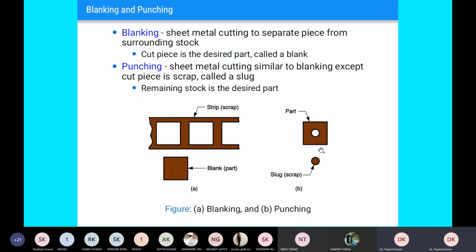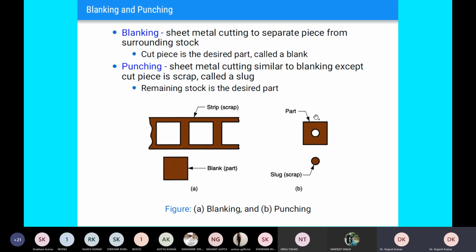Now coming to the blanking and punching process, in the case of blanking, the punch needs to be of accurate shape and size, so we will require clearance on your die. We will increase the dimension of your die.